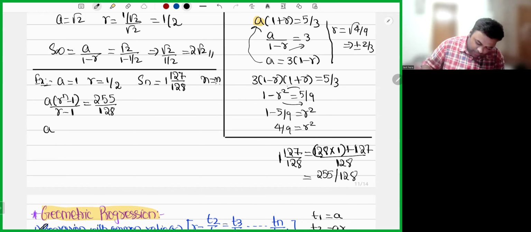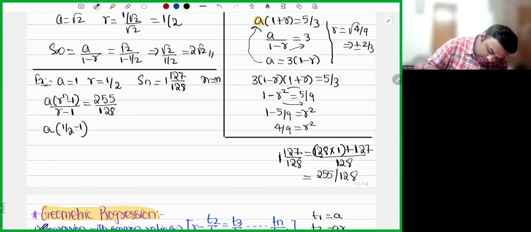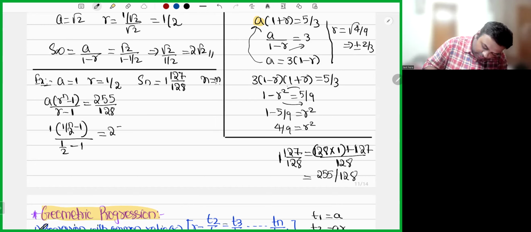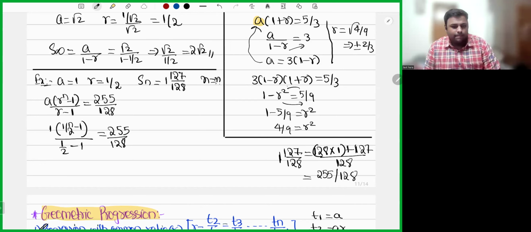So A into R is 1 by 2. Okay. 1 by 2 minus 1. Sir, A is 1, sir. Let's take it as 1. 1 by 2 power n minus 1, divided by 1 by 2 minus 1, is equals to 255 by 128. What is 1 by 2 minus 1? Minus 1 by 2.